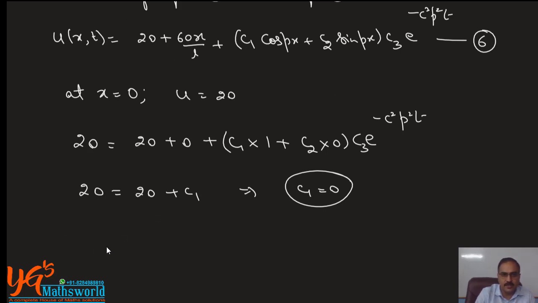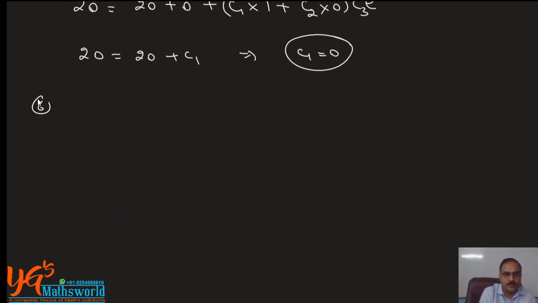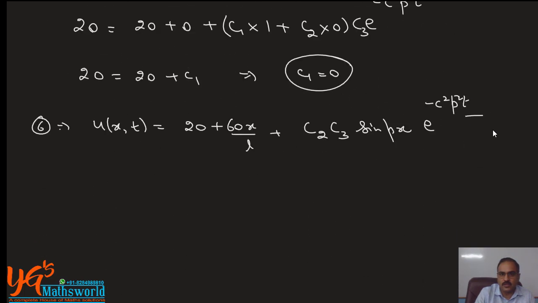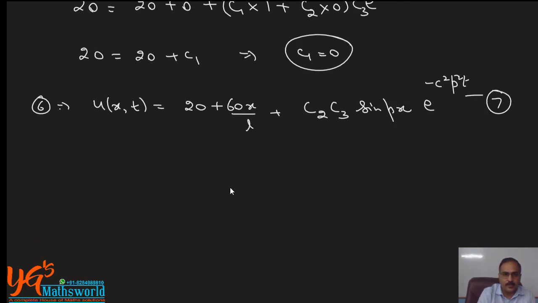So equation number 6 reduces to u(x,t) is equal to 20 plus 60x/L plus c2 c3 sin px into e^(-c²p²t). Let this be your equation number 7.